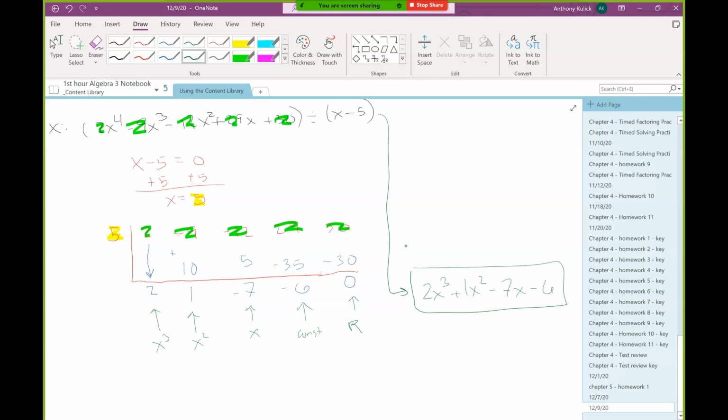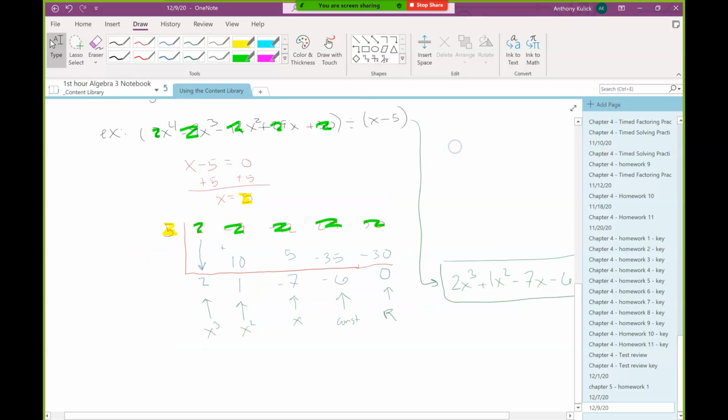Look at how nice and easy that was. Massively faster, right? Much less writing, much less to keep track of, much fewer opportunities to make a mistake. It's a really nice and neat procedure.